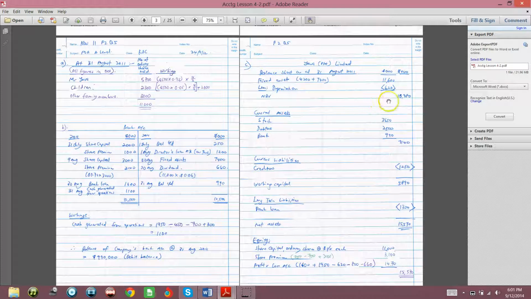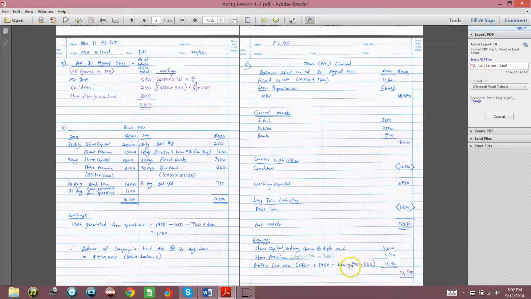Then depreciation is 620, given in the question also. Before depreciation of 620, the depreciation should be deducted from the retained profit also. So this one, equity, is the profit and loss account, meaning the retained profit. At the top of the question, at the beginning the profit and loss account is 1.6 plus 1,950, what the question gave: the company made a profit of 1,950 before depreciation, so I have to deduct depreciation as well.